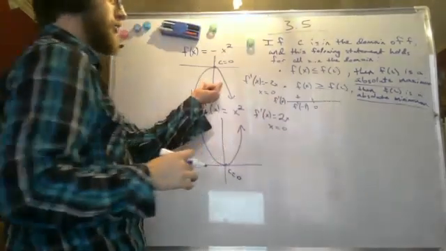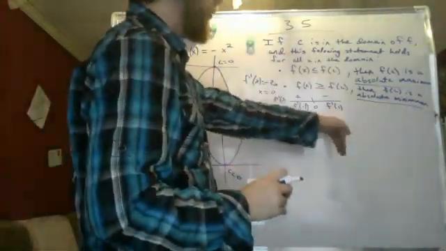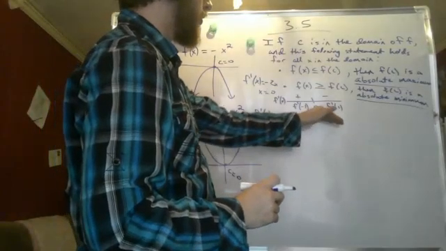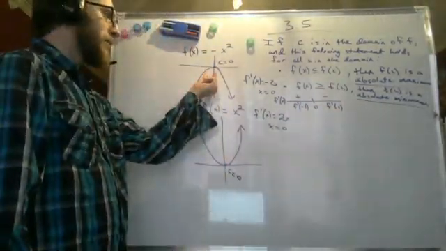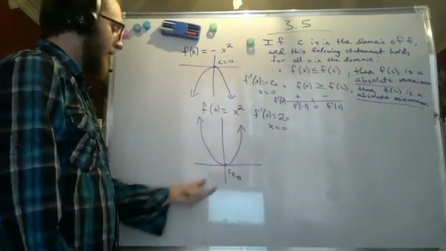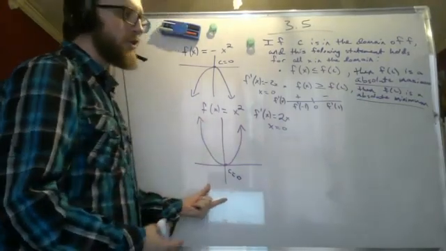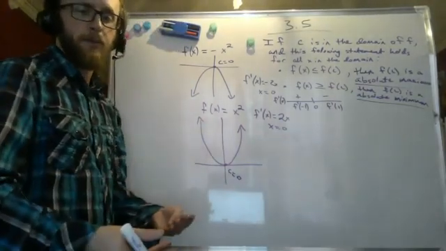This is for our top example. If we test the other side, f prime of 1, we get a negative number. That's what we need for a local maximum. So an absolute maximum is also a local maximum. Same thing down here, an absolute minimum is also a local minimum.